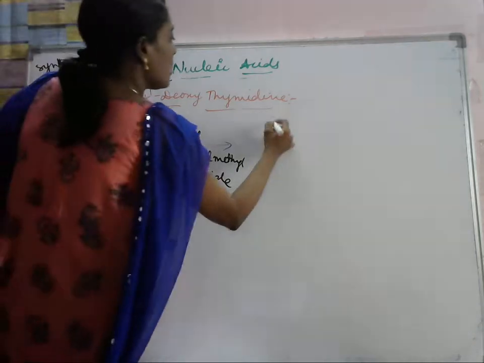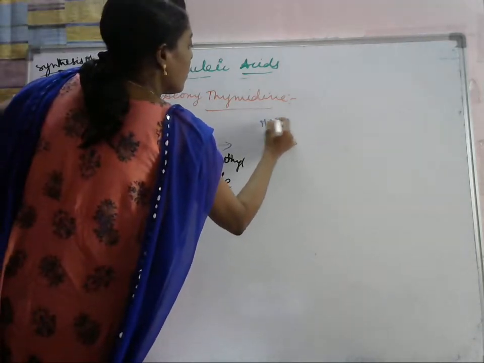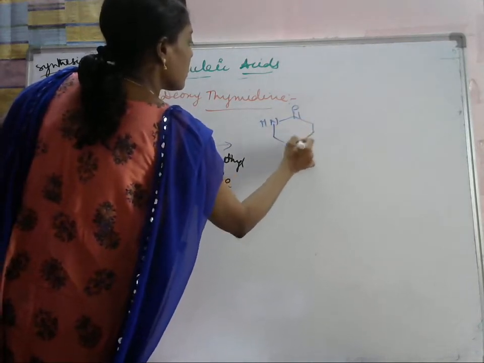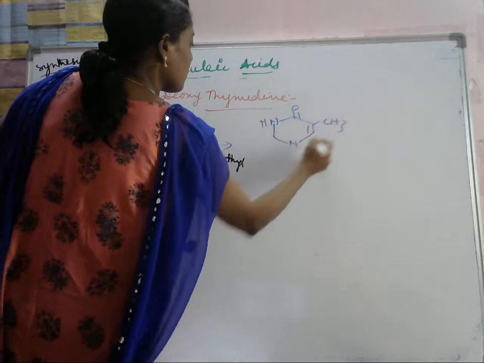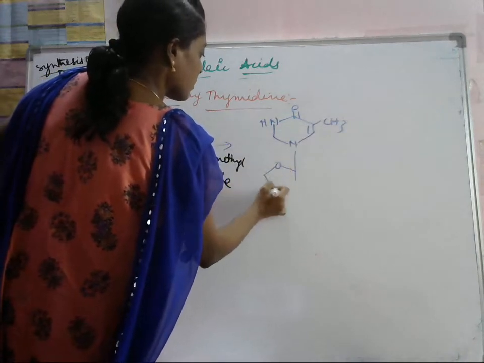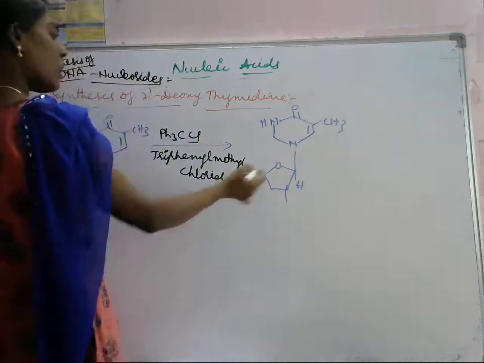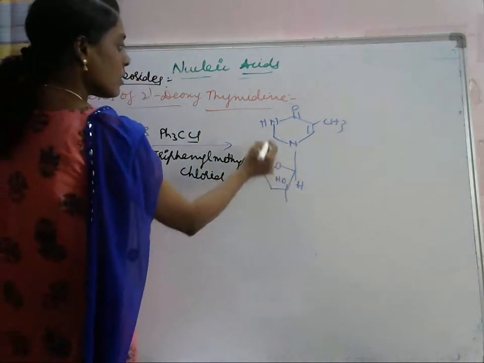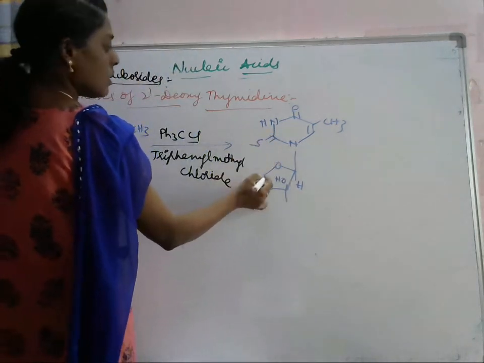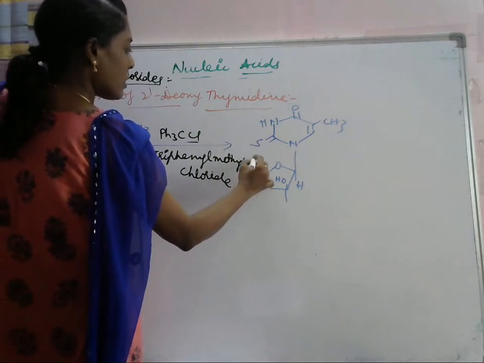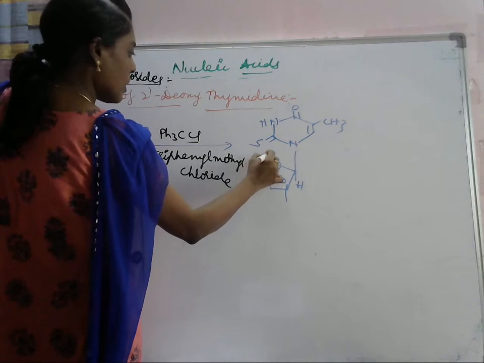Okay, we have to protect this one. H is there, here we are having H, here double bond S is there. Next we have to protect this one as OCH2 C6H5.